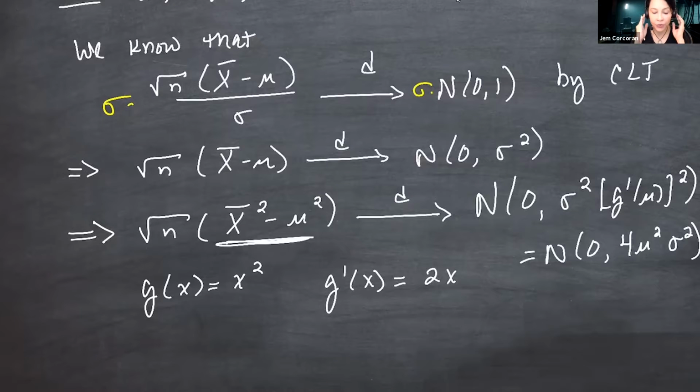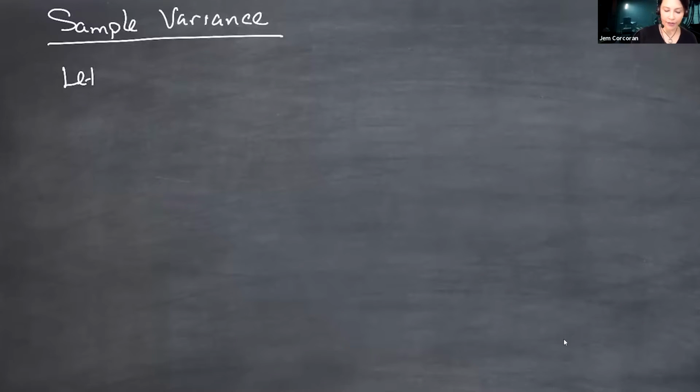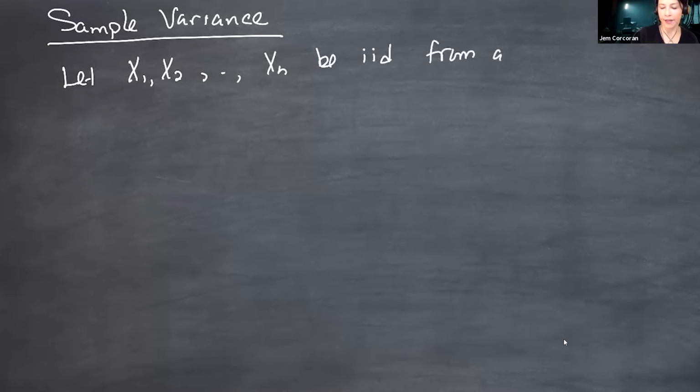But I do want, so that we can use it going forward, to talk about a few more properties of sample variance that we haven't talked about yet. So check this out. Sample variance. I'm going to let x1, x2 through xn be IID from a distribution with mean mu and variance sigma squared.